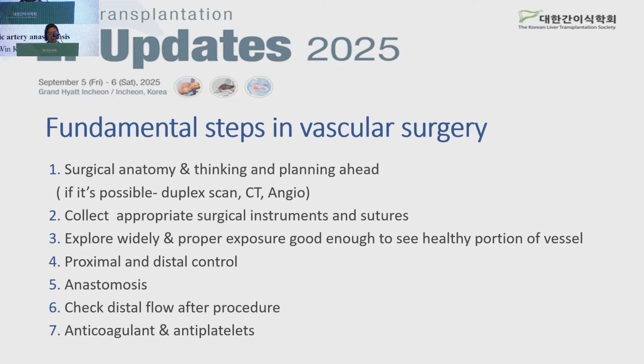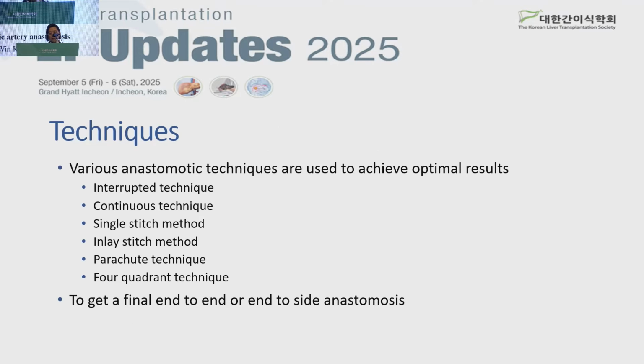In general, we have to explore widely, with proper exposure good enough to see healthy portions of the vessels. Then, before clamping, we give systemic heparinization, then clamp and anastomose. Before finishing, we have to check proximal and distal flow. If happy, we close it. Some patients need antiplatelet, some need anticoagulant therapy.